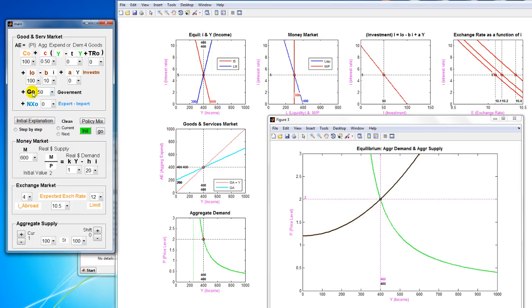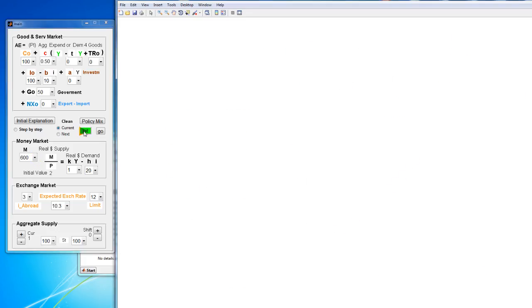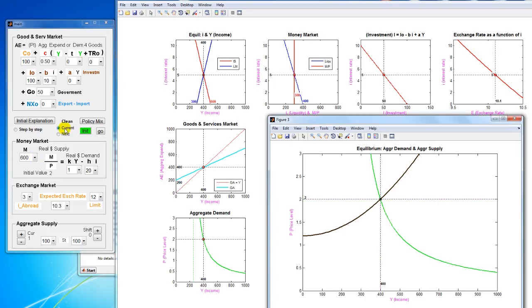For example, we can increase the government expenditure. We are going to do that in future videos, and we will see that the interest rate goes up, or we can increase the money supply, monetary policy, and then we will see that the interest rate goes down. So if I start from scratch, we are not going to clean the current picture because I want to keep this.